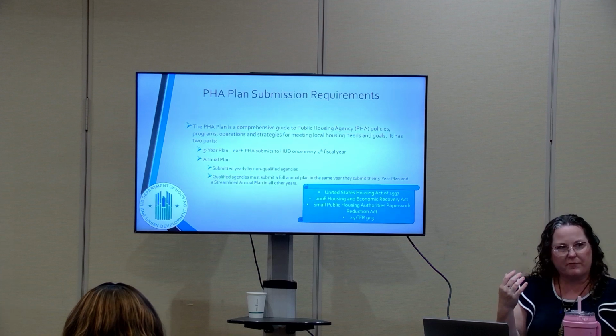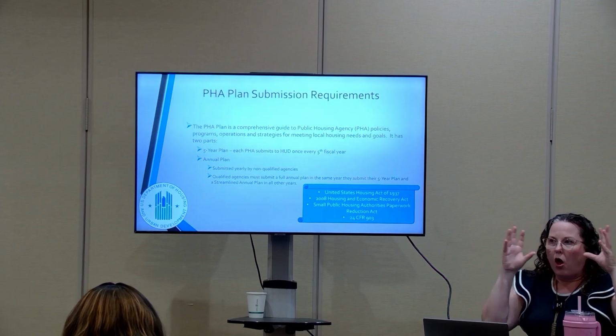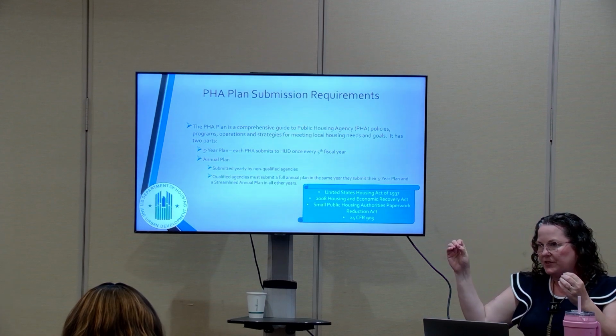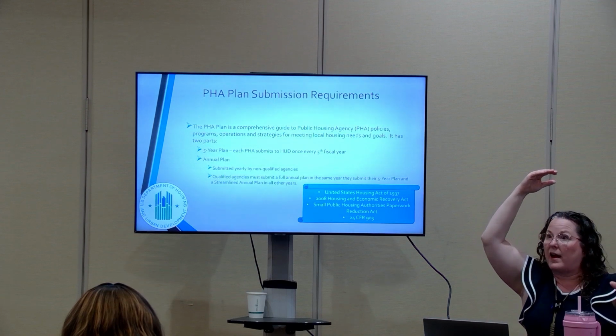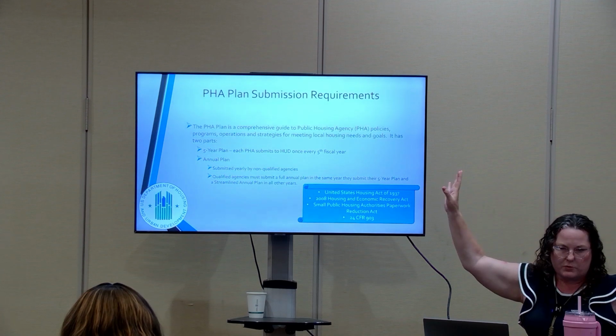Now this is where some of my discrepancies have come in. So all PHAs on the in-between years had a list of things, but it wasn't the full list, like in your 5-year year. So on your 5-year year, and we'll have the list of these, so you'll get to see what I'm talking about.